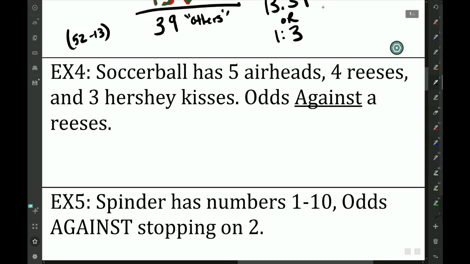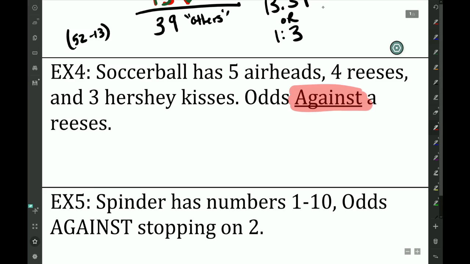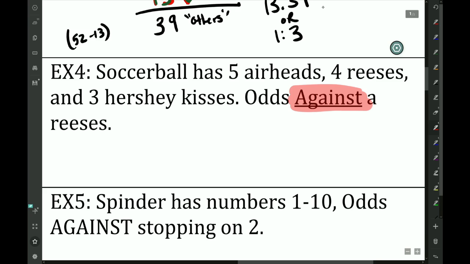Now, let's look at odds against. 5 Airheads, 4 Reese's, 3 Hershey's means, again, there are 12 total pieces, but I'm more concerned, I don't want a Reese's. So odds against a Reese's. This time I want the total of things above that I don't want. So Airheads and Hershey's, there's 5 and 3.